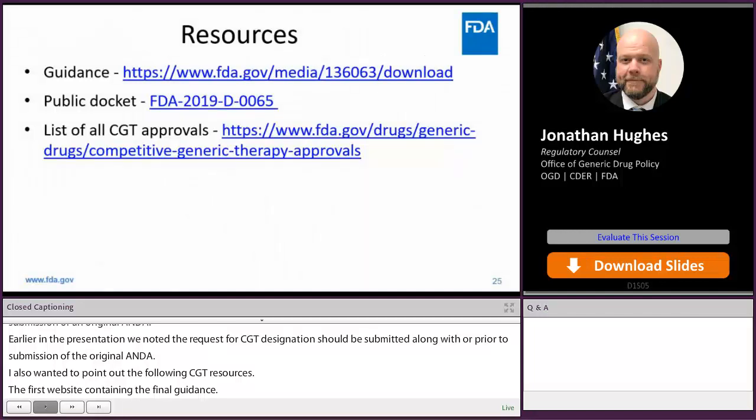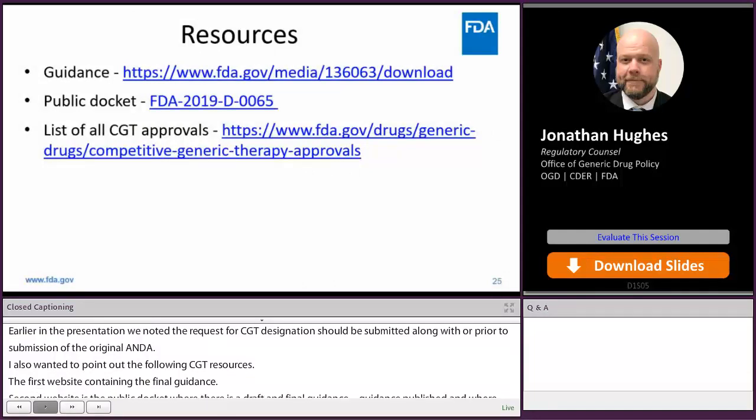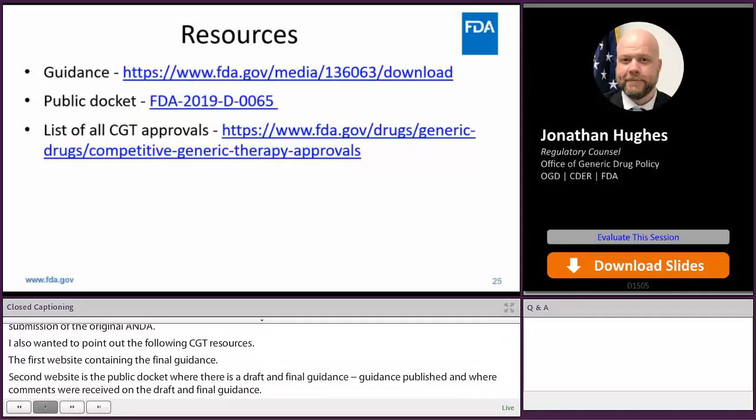Then the third link is to the CGT approvals page. We showed the snapshot of that earlier, showing products that had approved ANDAs and the information relating to exclusivity, commercial marketing, forfeiture, and those sorts of things.